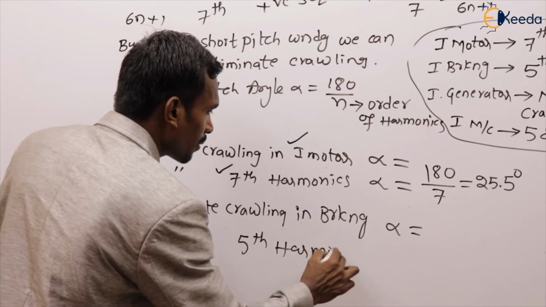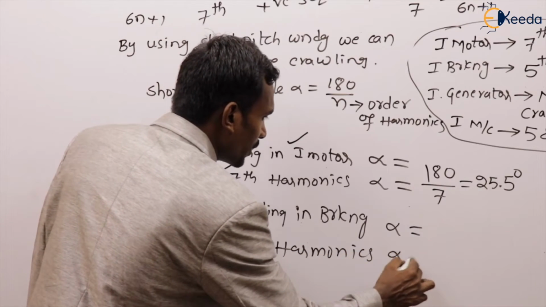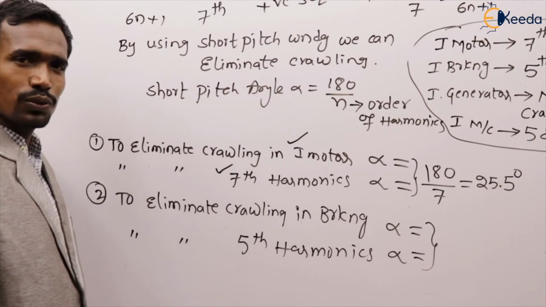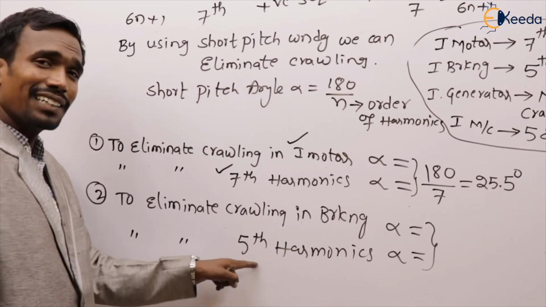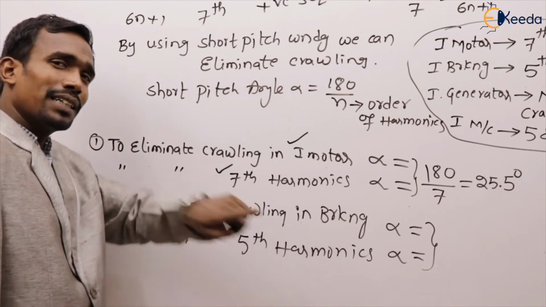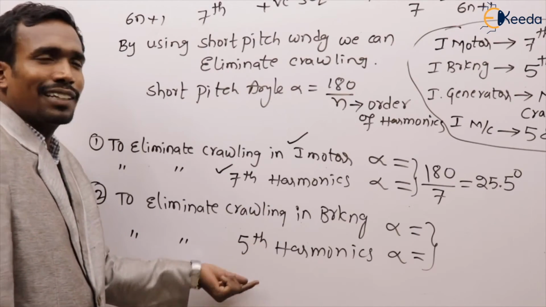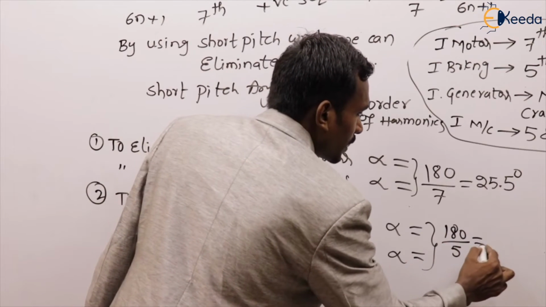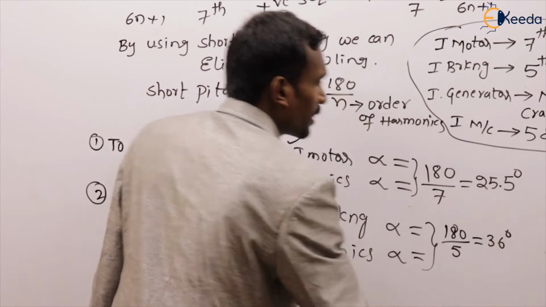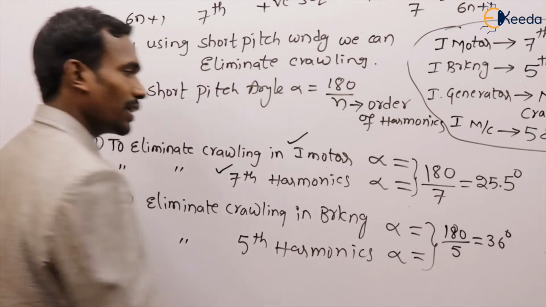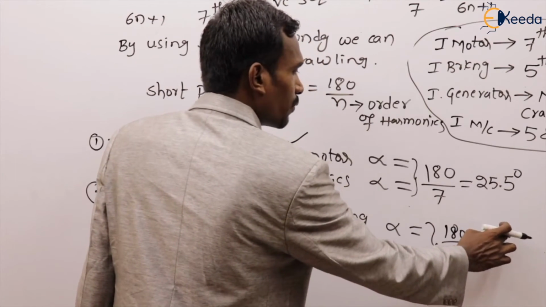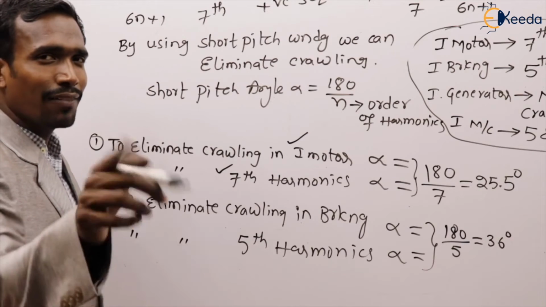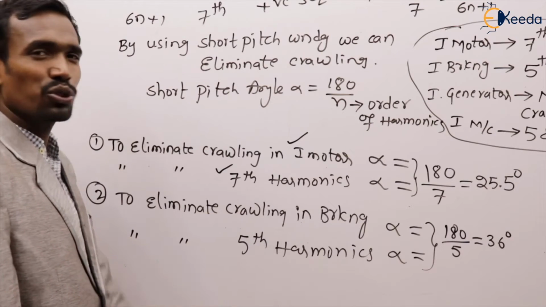In braking mode, it is a negative sequence, nothing but 5th order harmonics, so 180 by 5, that is equal to 36 degrees. These are very, very important questions. I will give you another, more important than these two.